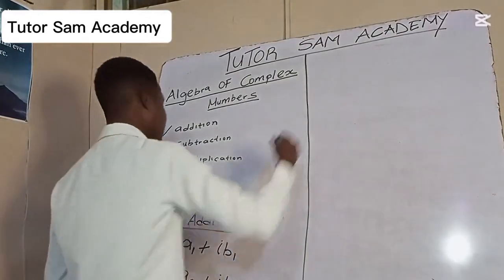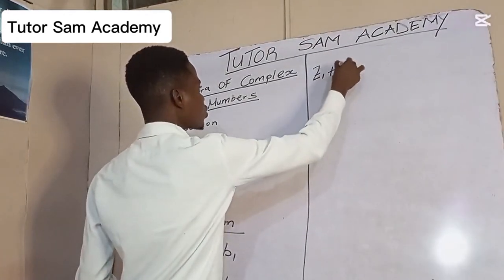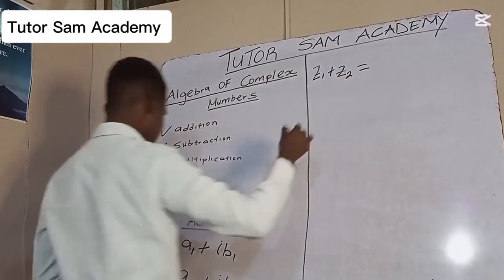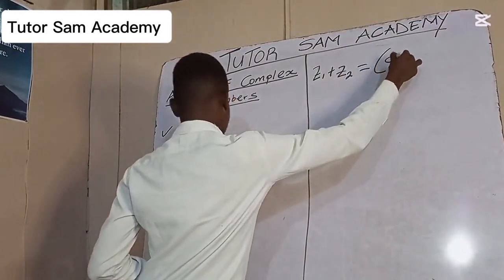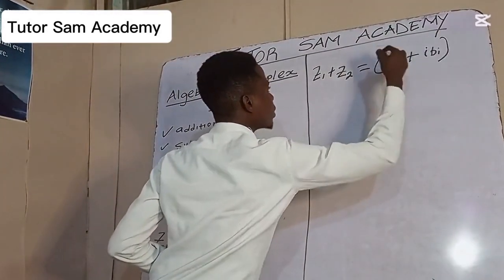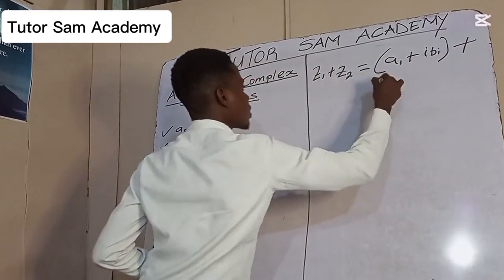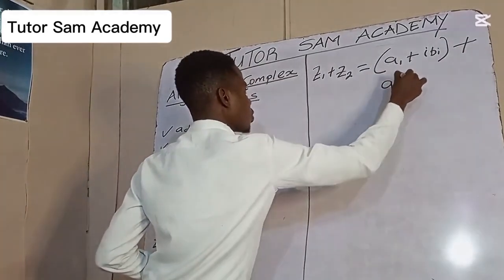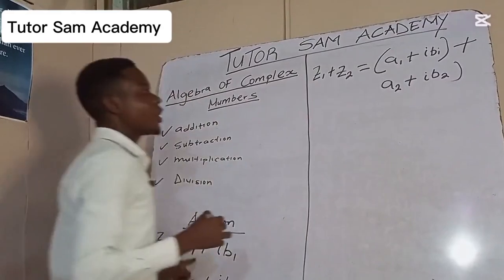Now, if you are adding, Z1 plus Z2 will be, Z1 is A1 plus IB1, plus A2 plus IB2. Now, this is how you add.